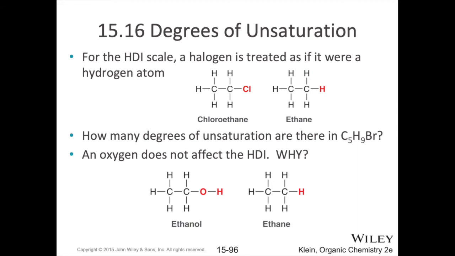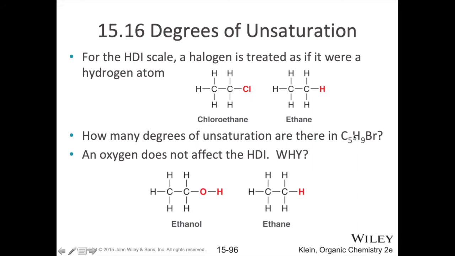So in this case of chloroethane versus regular ethane, you can see that we still have 6 non-carbon atoms in our molecule, whether they're all hydrogens in the case of ethane, or 5 hydrogens and 1 chlorine in the case of chloroethane. Notice this has no degrees of unsaturation if you treat a chlorine as a hydrogen, which again makes sense.